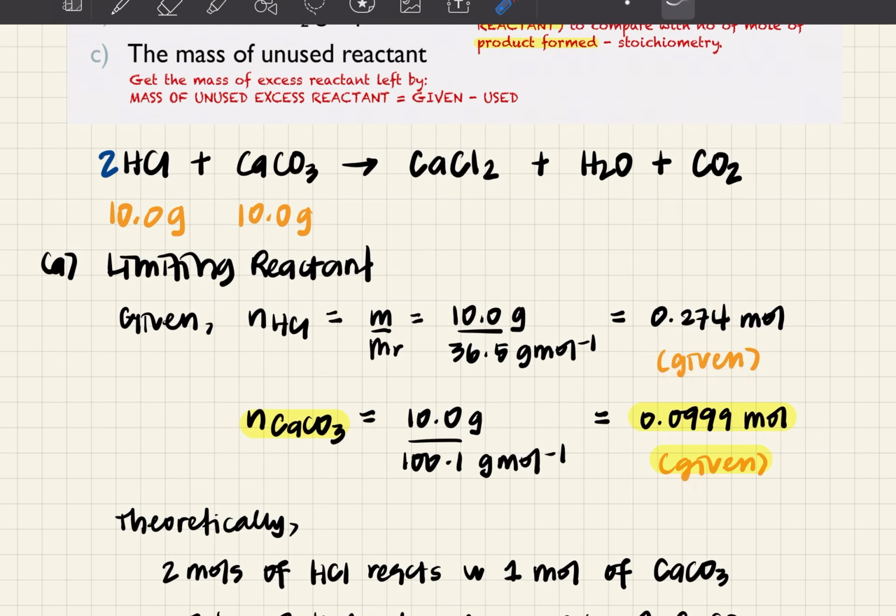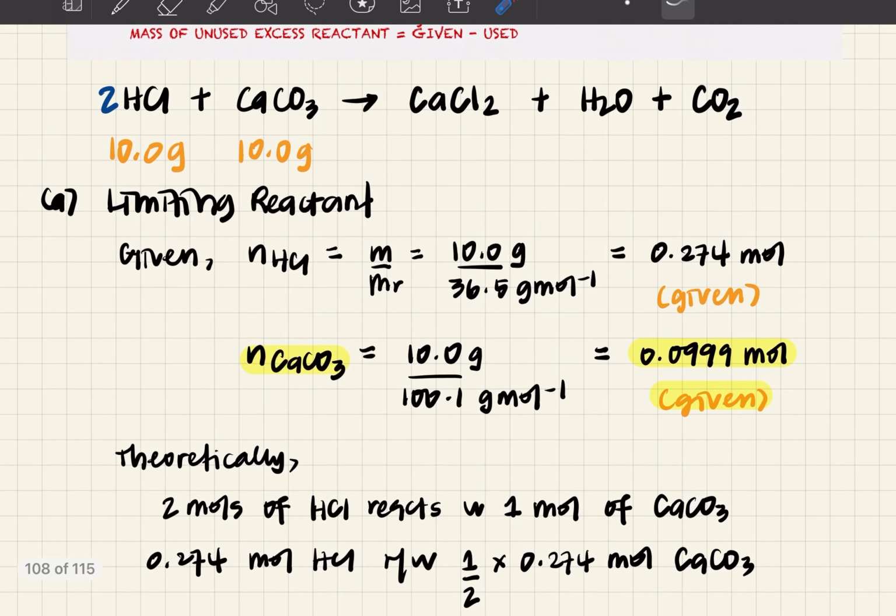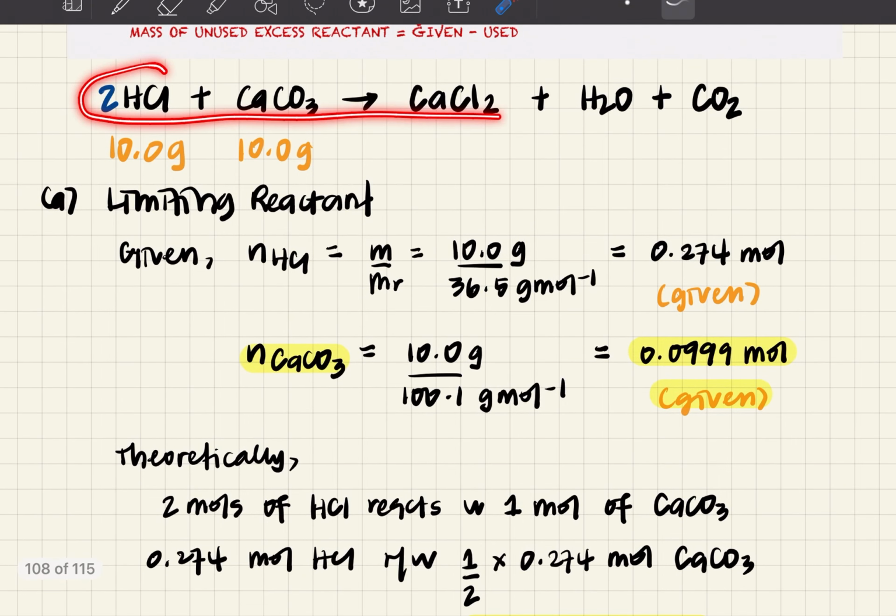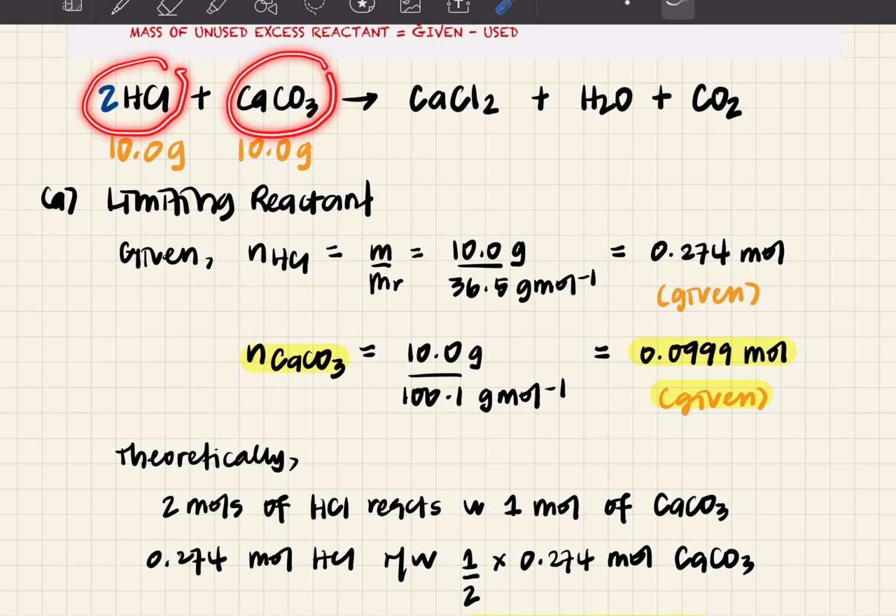Okay, and then we are going to use stoichiometry. So from this balanced equation, we know that 2 moles of HCl will react with 1 mole of calcium carbonate. So we are going to write that down here.